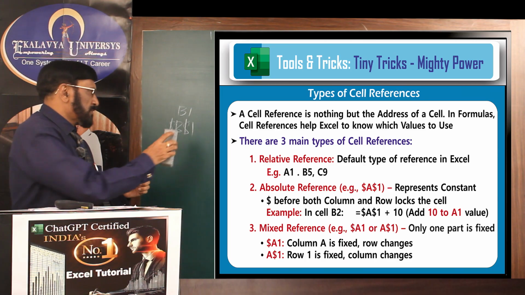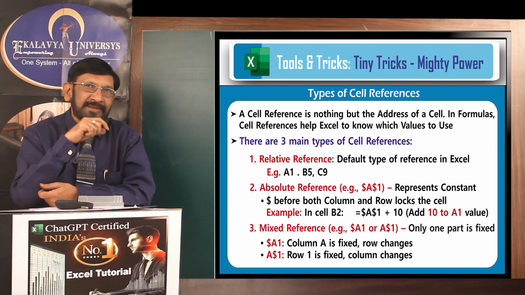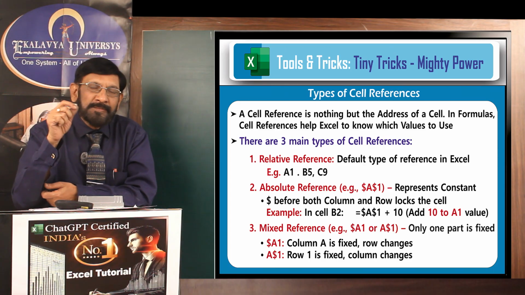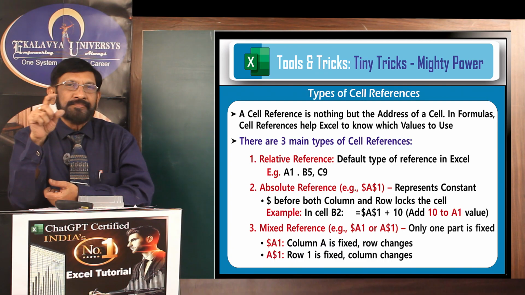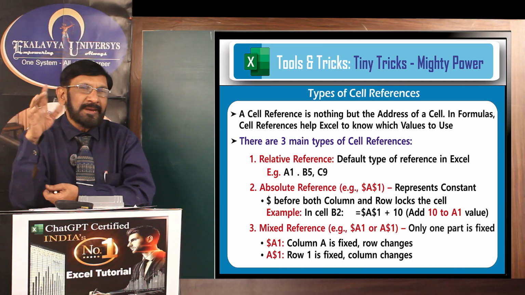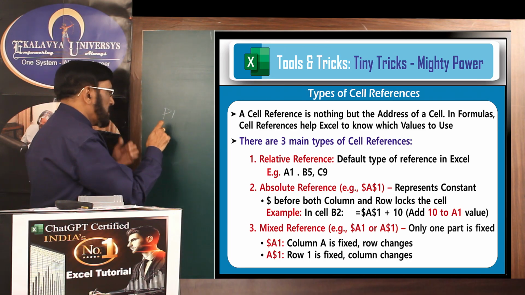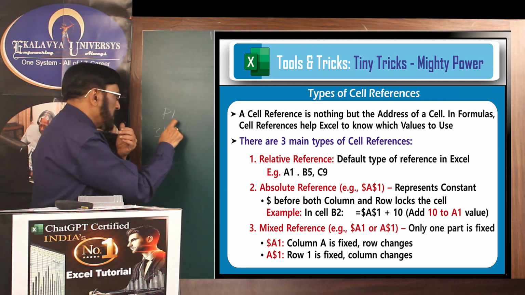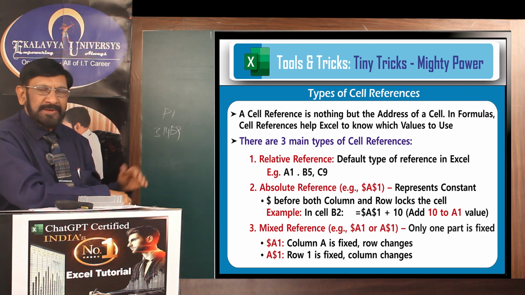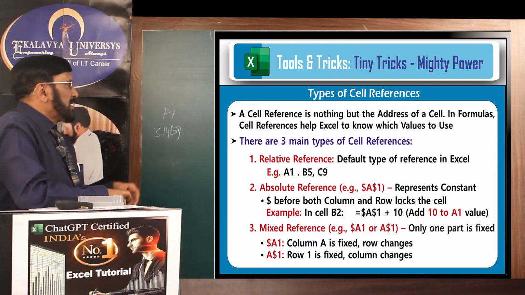Normally, most of you who deal with circles and cylinders know the formulas: 2 pi r, pi r square h, 2 pi r h. There we are using pi. Pi is a constant. Its value is 3.14159 and something; if you want to extend it, you can. In Excel also we use that, but we need not define it.